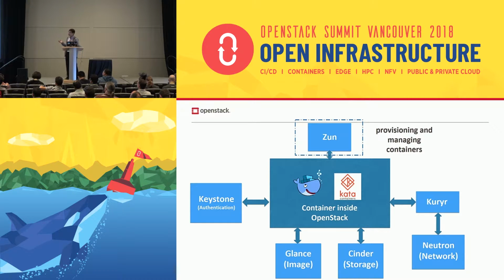Here is the relationship between the Zun project and other OpenStack services. For containers inside OpenStack, Zun will provision and manage containers with API support, and Keystone will offer multi-tenant authentication tools for service discovery and other things.